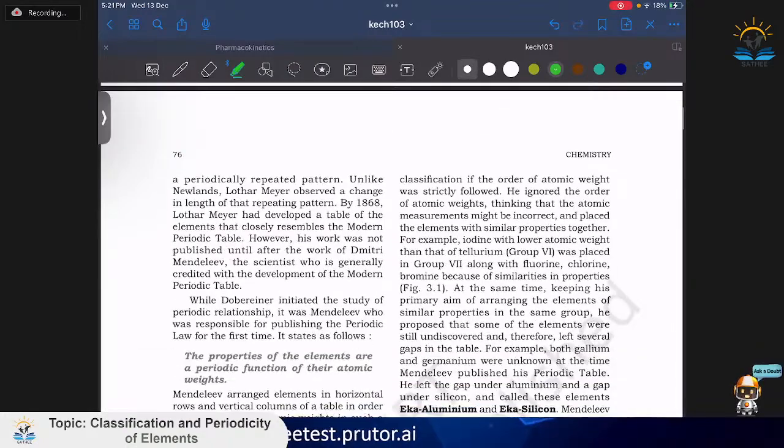Then, working independently, there was a scientist named Lothar Meyer. He observed a change in the length of that repeating pattern.